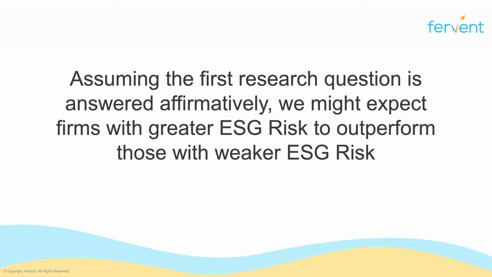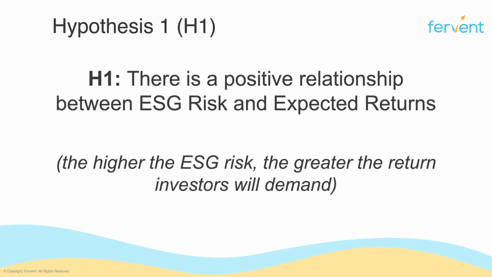Why? Because remember, what's our first hypothesis? Is that there's a positive relationship between ESG risk and expected returns. So we're hypothesizing that the greater the ESG risk, the worse a firm's corporate governance, the greater the expected returns of that stock or of that firm.